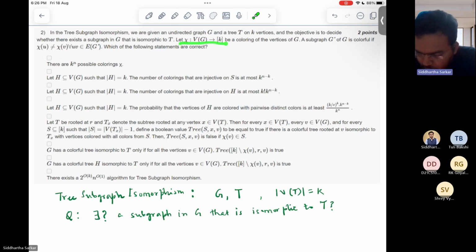So let such a coloring be given of the vertices of the graph. Now let G dash be a subgraph of G which is colorful. What does colorful mean? Colorful means that for an edge in G dash, the endpoints of the edge receive different colors. So then which of the following statements are correct?